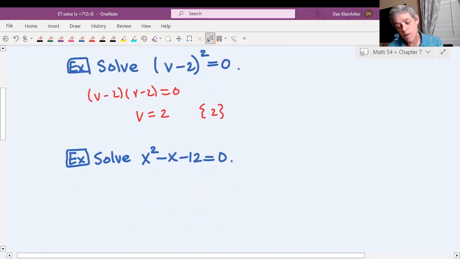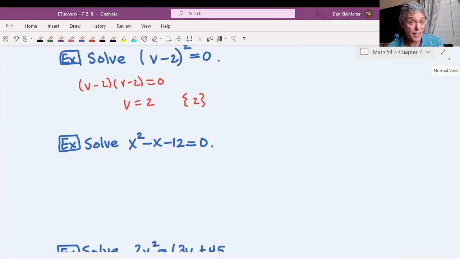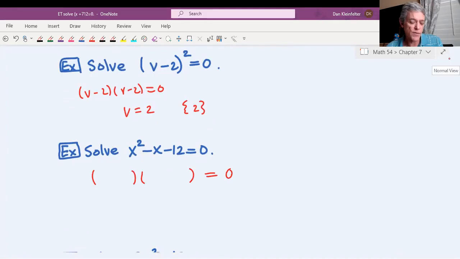All right, here's one where we have more work to do, and this is why these problems are in this chapter. I need to solve x squared minus x minus 12 is 0, and it's not factored like these earlier examples were. So this is the part where you get to practice your factoring. So this time, no common factor. There are 3 terms. It's not a perfect square.